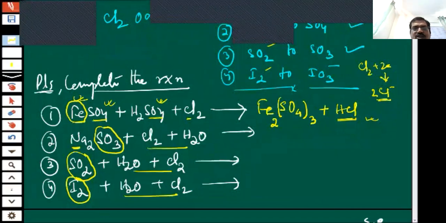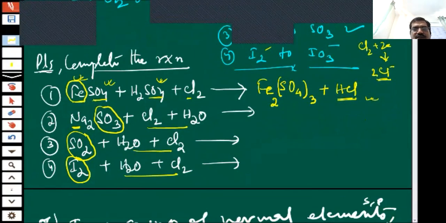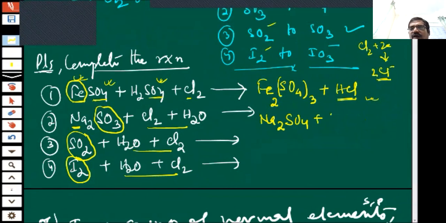Next, see here, you cannot do anything to sodium. So your final product will be sodium, and sulfite will be converted into sulfate, and then hydrogen chloride. You can balance according to the requirement. Sulfur dioxide is converted into sulfur trioxide, and water is already there.